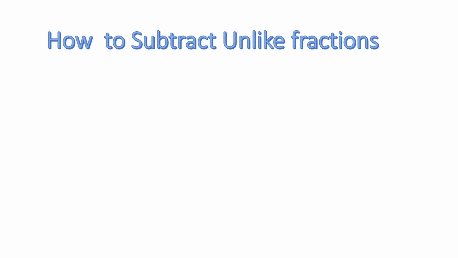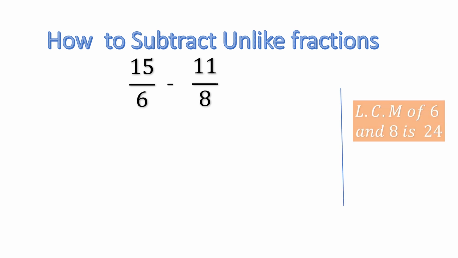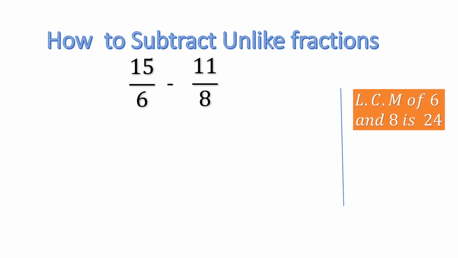Now how to subtract unlike fractions? The same process. We have a subtraction, 15 over 6 minus 11 over 8. We will again find the LCM. The LCM of 6 and 8 is 24, so we will keep 24 here. Figure out 6 into how much is 24. It's 4. 4 will go as multiplication to the numerator. 15 multiplied by 4 is 60.